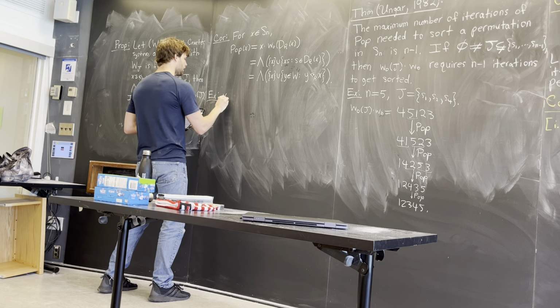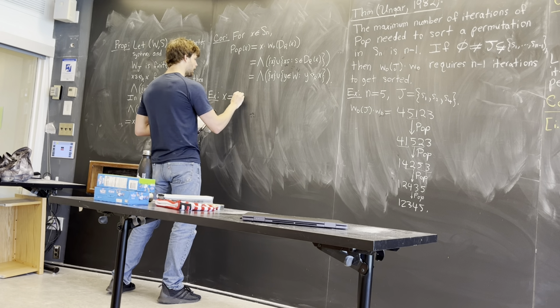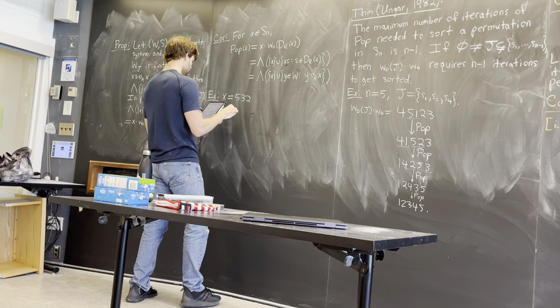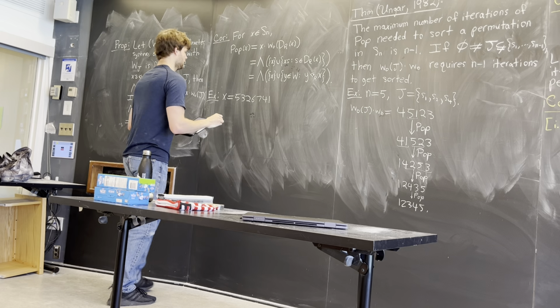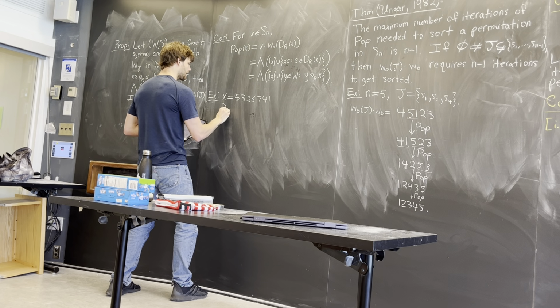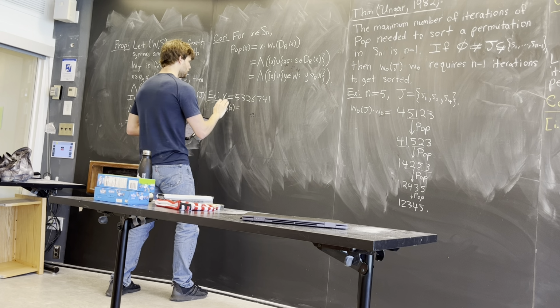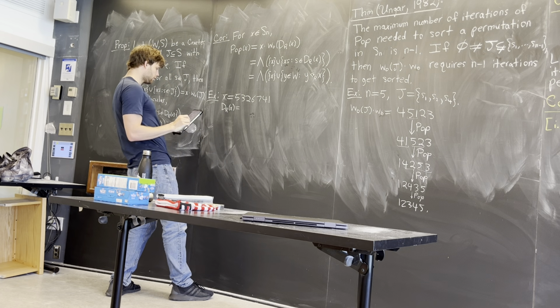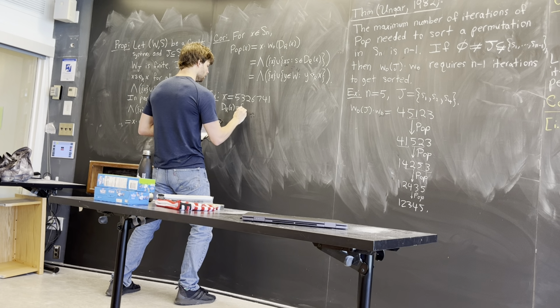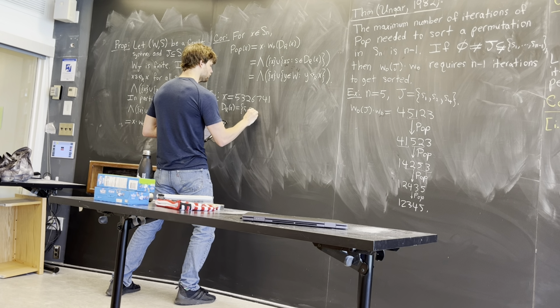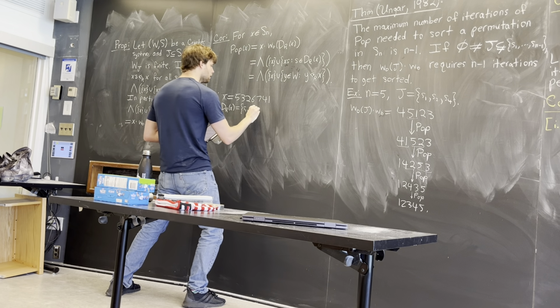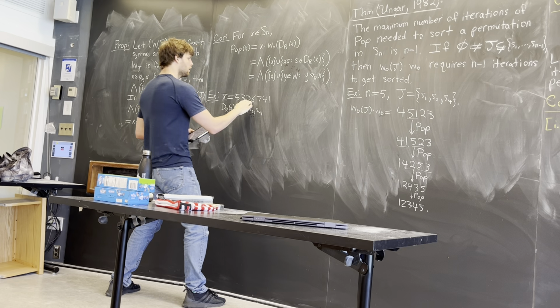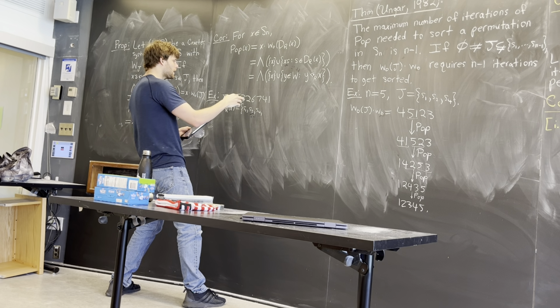So let's say x is 5, 3, 2, 6, 7, 4, 1. So the right descent set of x is s1, s2, not s3, s4. Well, I guess maybe this is the example I had before.